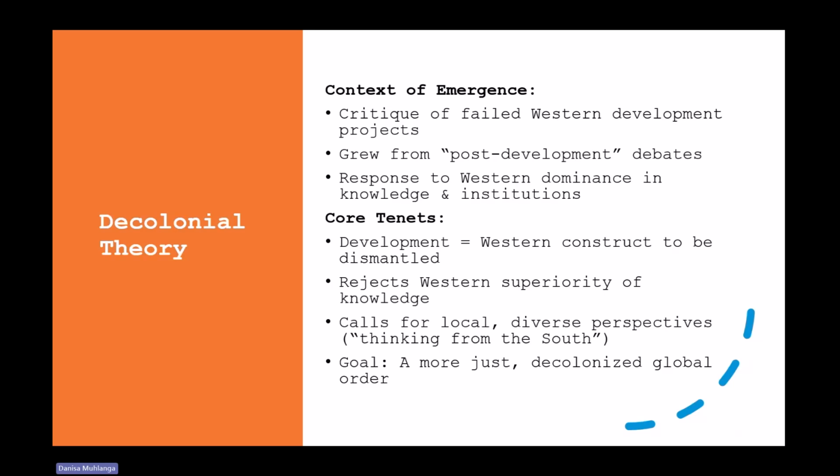It calls for thinking from the South and respecting cultural diversity. Okay, like in Africa, we have rich cultures, right? So it calls for thinking from the South and respecting culture. We shouldn't throw away our culture. We need to embrace our culture, each and every person. In South Africa, we're a rainbow nation, right?